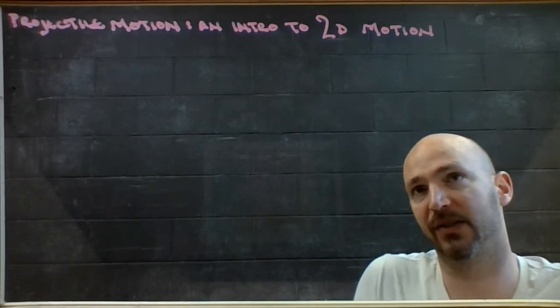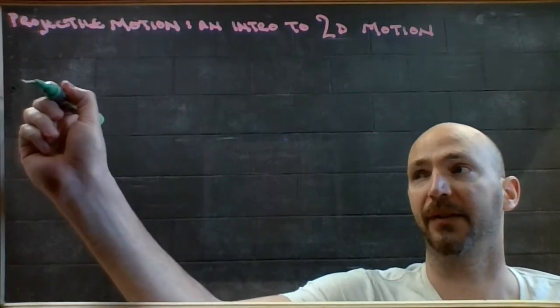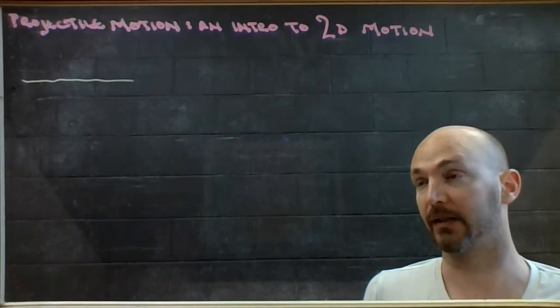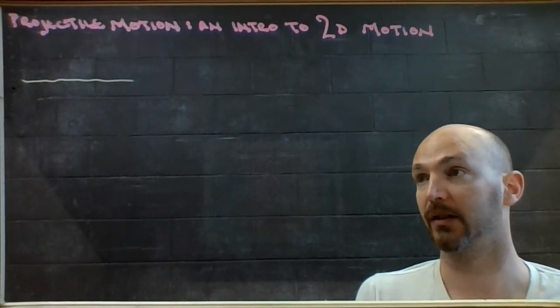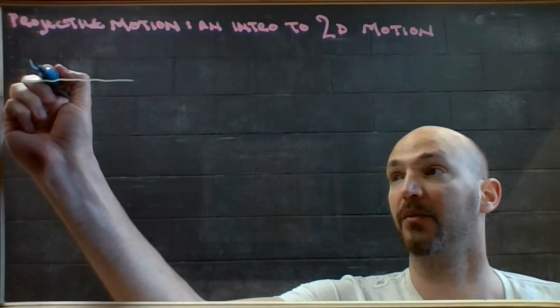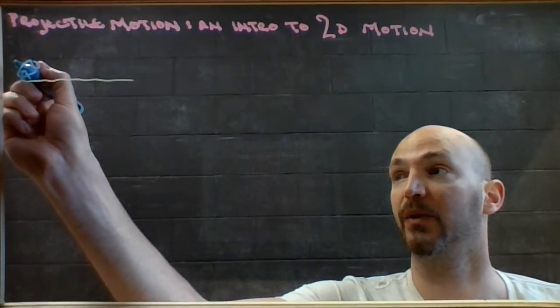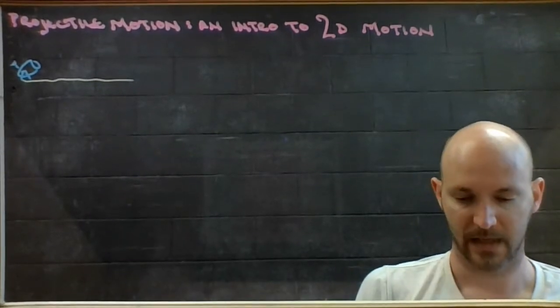So to start then, I'm going to need some grass, and I'm going to need a cannon, and you can always tell a physics teacher because they can draw the most exceptional cannons, like at the drop of a hat. A little fuse and some sparks. Lovely.